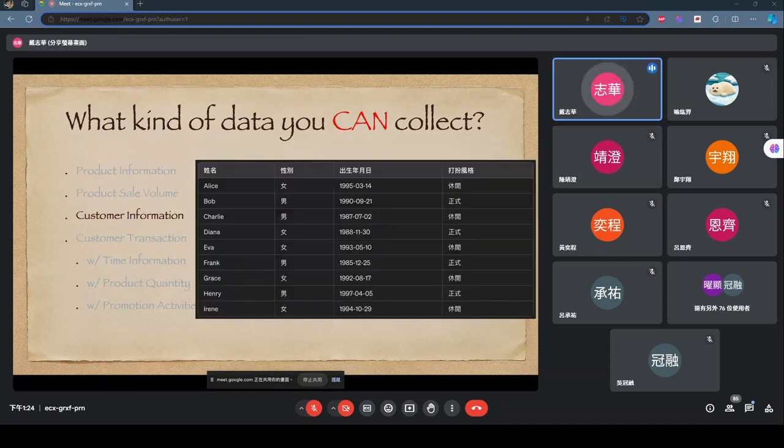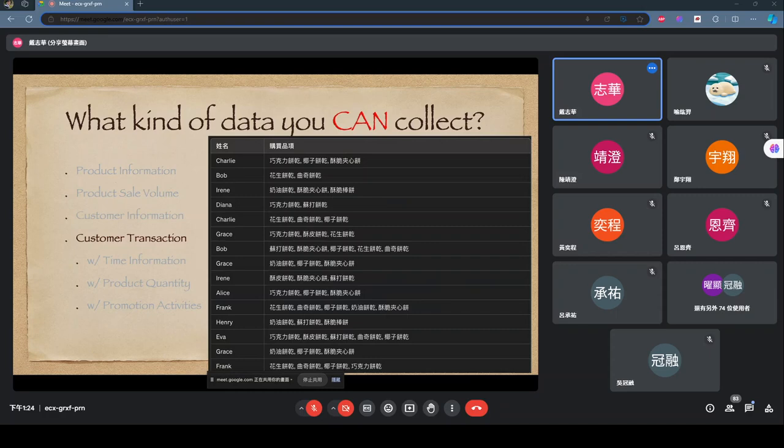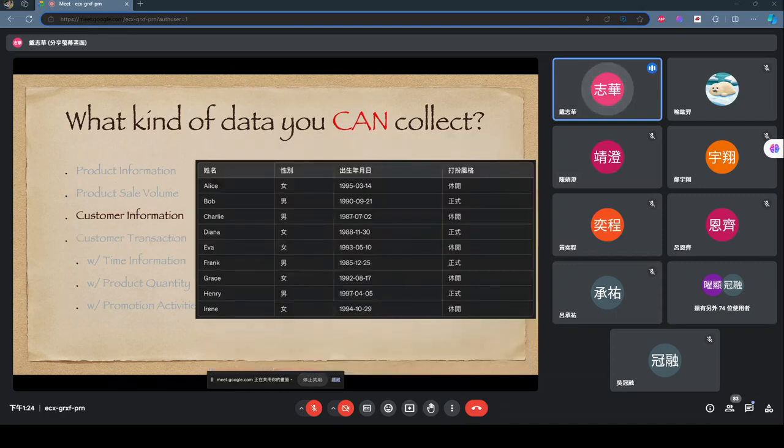We could also collect customer information, some personal information: the name, the gender, the birthday, their preferred style, or their favorite something. We could collect as much of this information as possible. But again, it's similar to the product information.